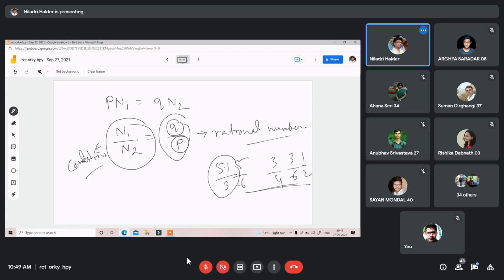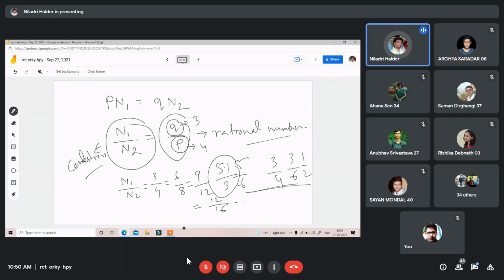Now, that rational number will give you some values. Suppose N1, N2 is p, q may be 3, p may be 4, suppose. So you can write 3 by 4, you can write 6 by 8, you can write 9 by 12, all are the same. You can write 12 by 16.